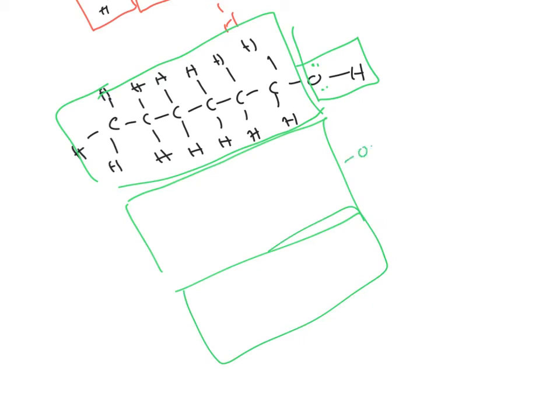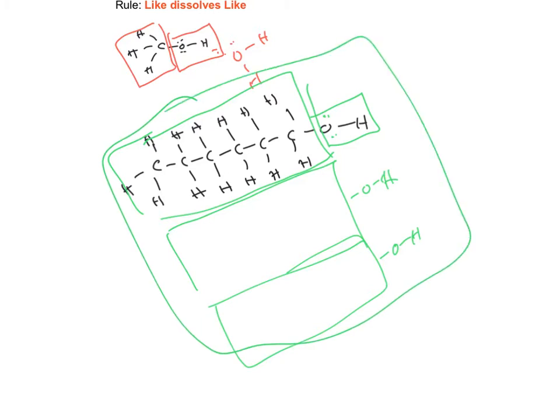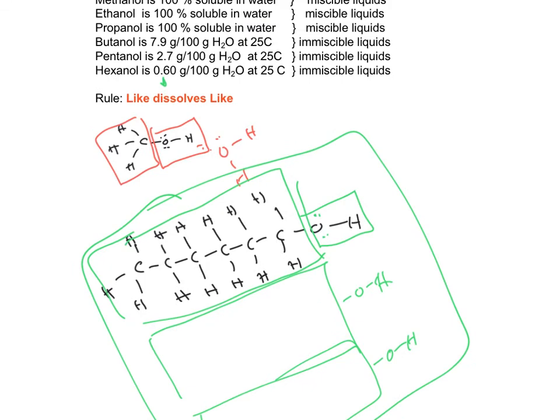And then these little OHs coming out the side, I mean, they will interact with water somewhat, but when you look at the entire volume of the system, the OH part is pretty small. So let's see what it's in the table. A little tiny bit, 0.6 grams will dissolve in water, but the majority of it will not. And that's for that reason.